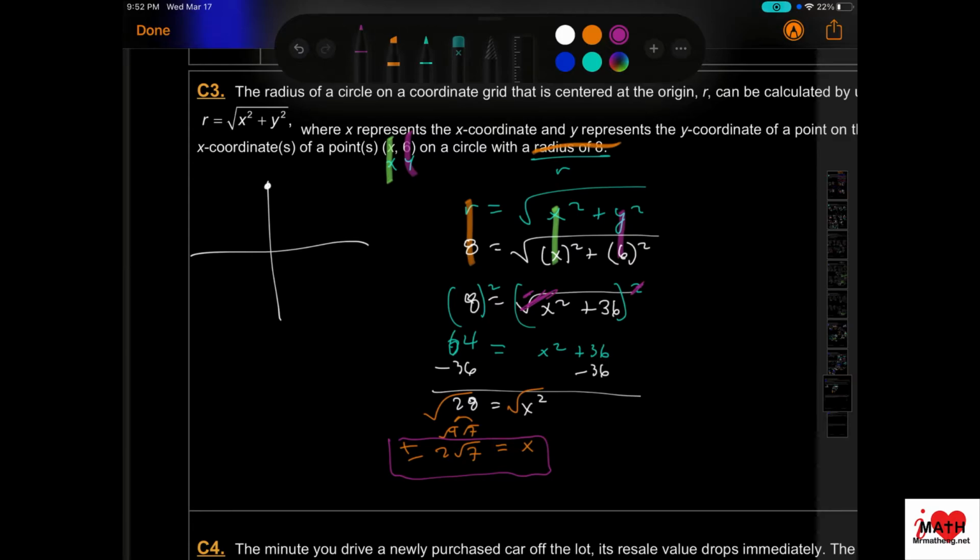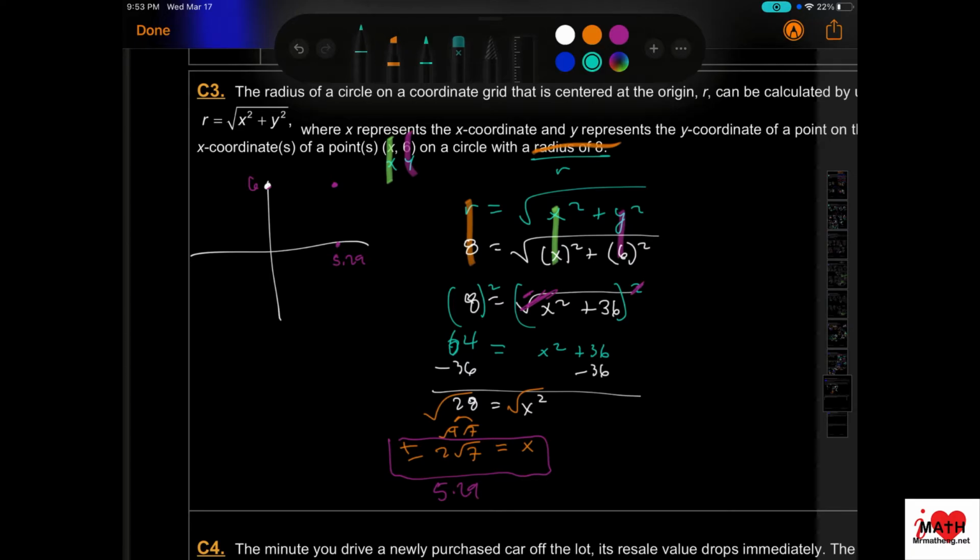If I put that in my calculator, I'm probably going to type in 7 radical times 2 gives me like 5.29. So positive 5.29 and 6 be like this.